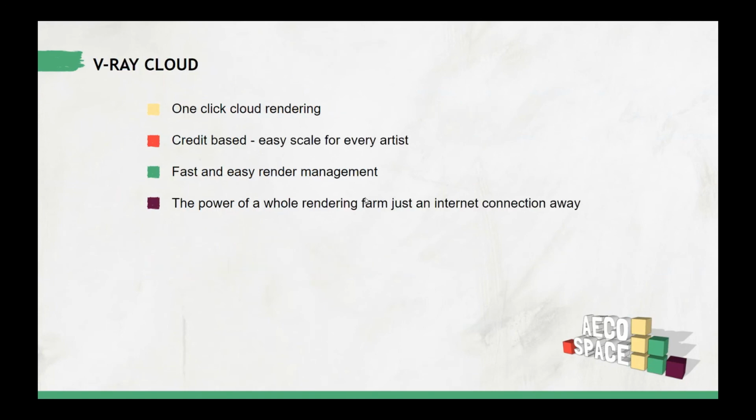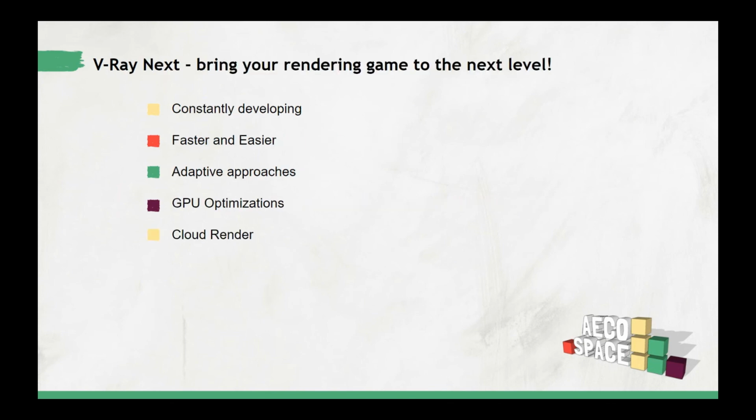We exported to the cloud, and as you can see, it took us basically a few clicks, and the cloud, if you want to know, is credit-based, so you scale as much as you need to. It's rendering as we speak, and while we wait for our image, I want to encourage you to go and test V.Ray Next if you haven't. As you see, it's constantly developing. Even from the time we announced our webinar up to the time the webinar happened, we had an update.